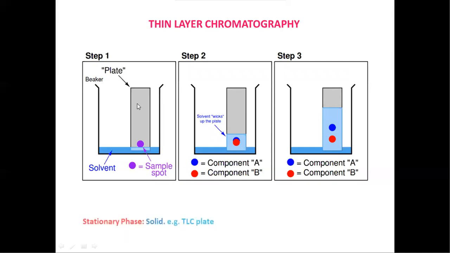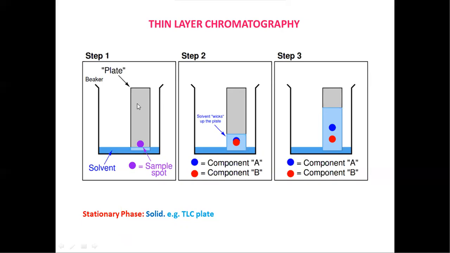And here we are taking the stationary phase as solid. Why? Because we are taking a TLC plate. Usually these TLC plates are made up of glass, aluminum, or plastic materials. But the important thing is that those TLC plates are coated with silica gel powder.